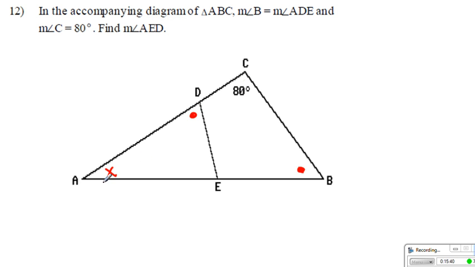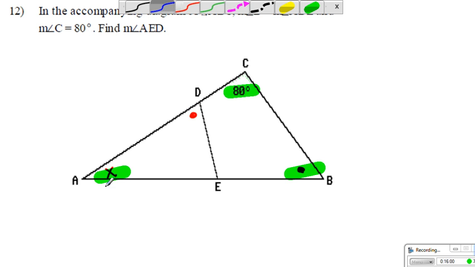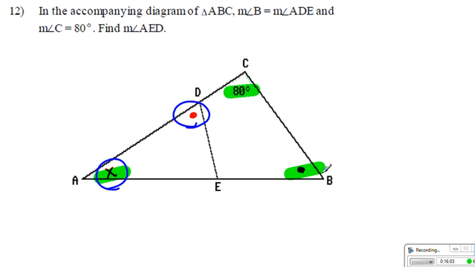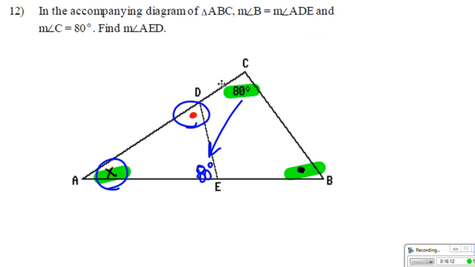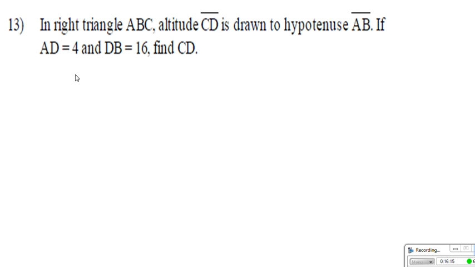So x plus 80 plus the dot angle, when you add up those three, must be equal to 180. But we don't have the third angle, and the third angle must be the same as 80. And that's how we can figure it out. Alright. Number 13.